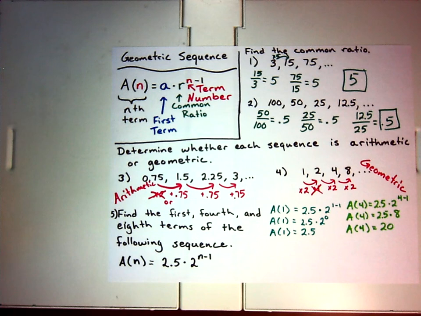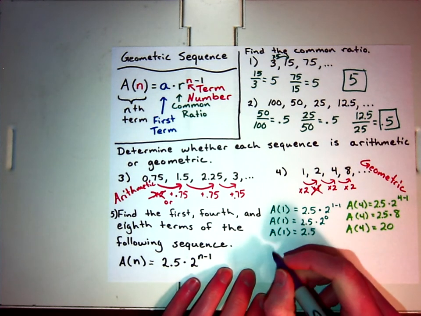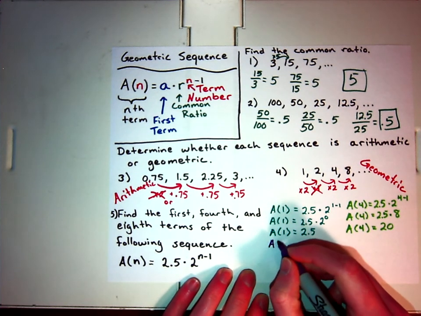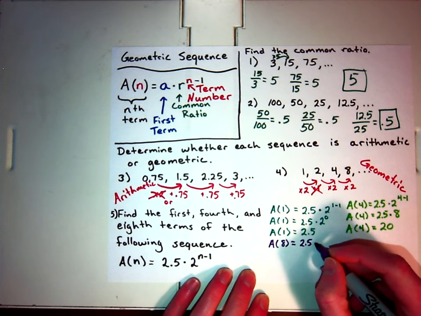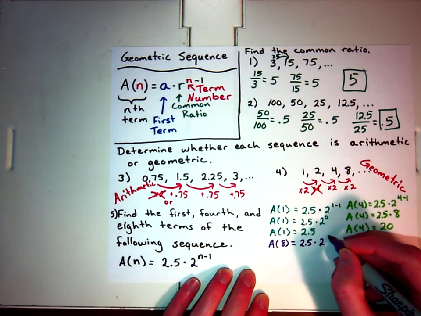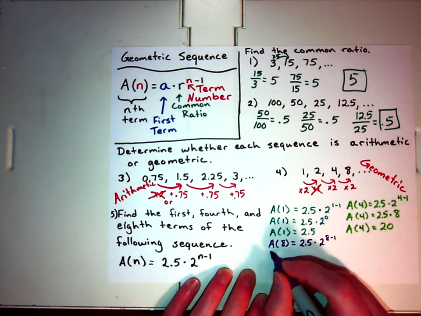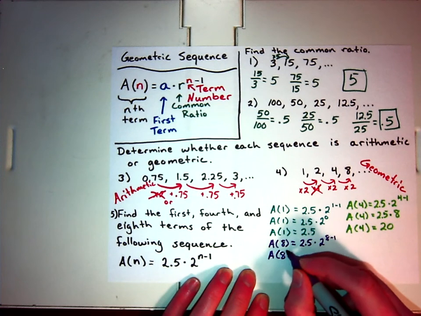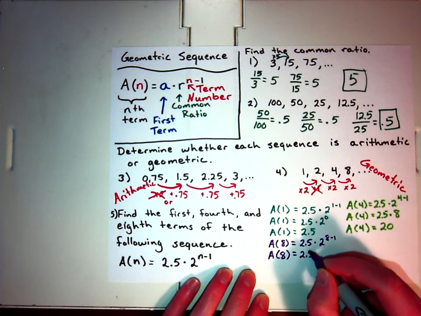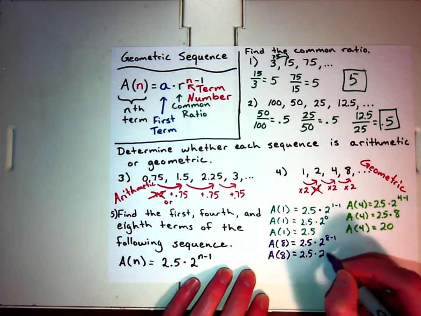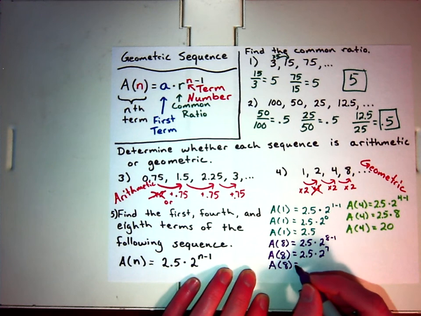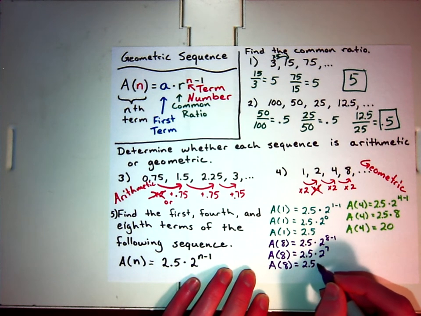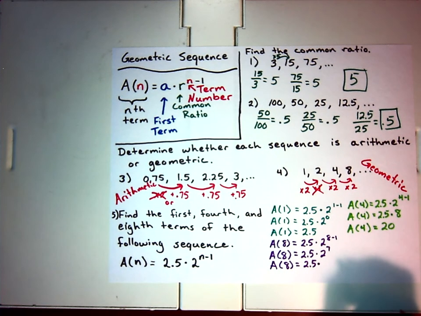For the last one we have the 8th term. Okay. So A of 8 equals 2.5 times 2 to the 8 minus 1. A of 8 equals 2.5 times 2 to the 7th power. Well, what does 2 to the 7th power equal?